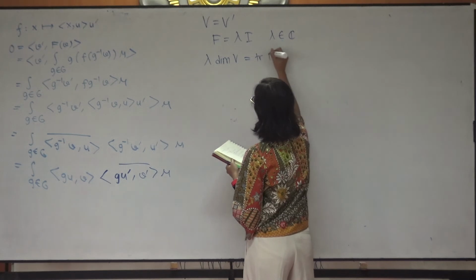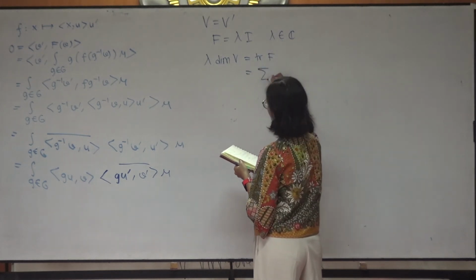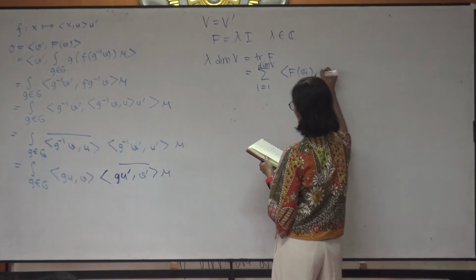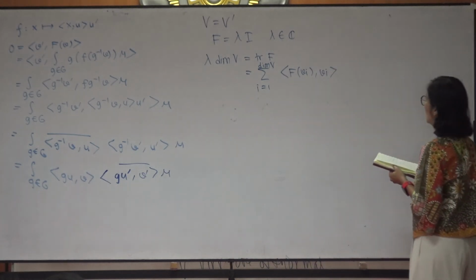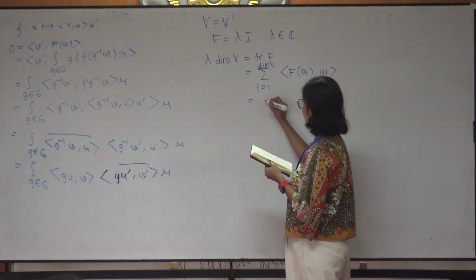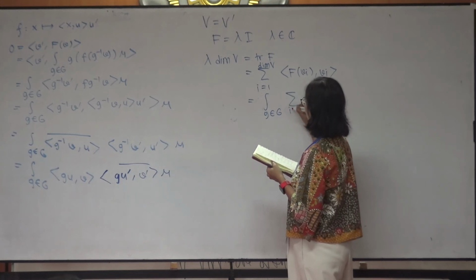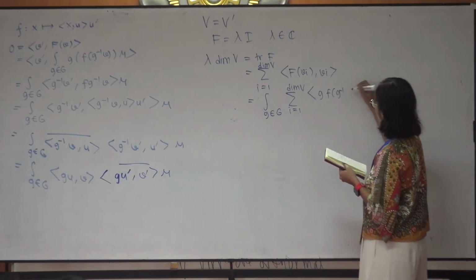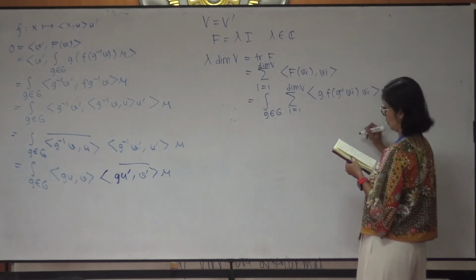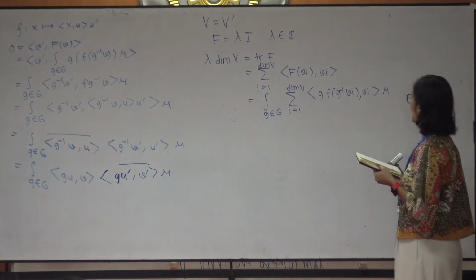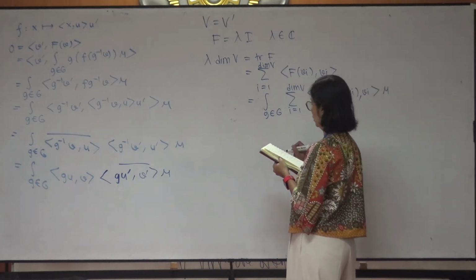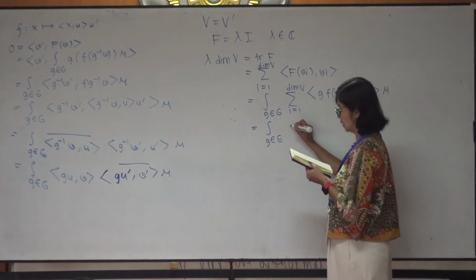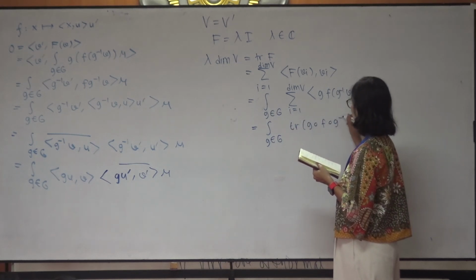This is the trace of F. And this is also the sum from i from 1 to dimension of V. And this is the integral, and when you add this, you get the trace of g F g inverse.